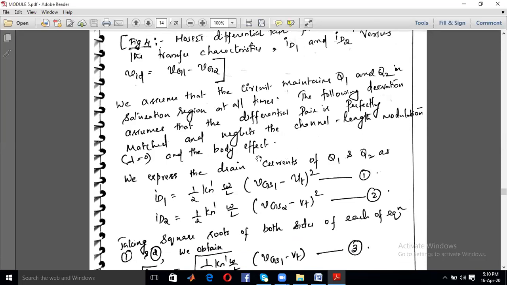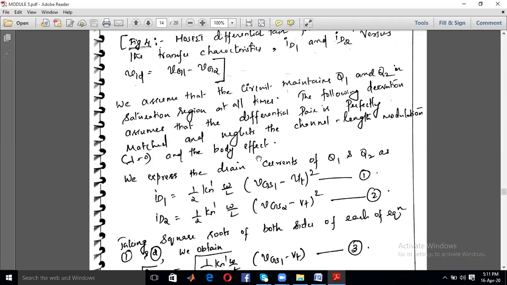You know what the body effect is, isn't it? Apart from gate, source and drain, you have a body, which is nothing but your substrate. Normally the substrate will be tied to the source. If the body effect is to be considered, it will not be tied to the source; it will be tied to some other voltage or some other reference point like ground.